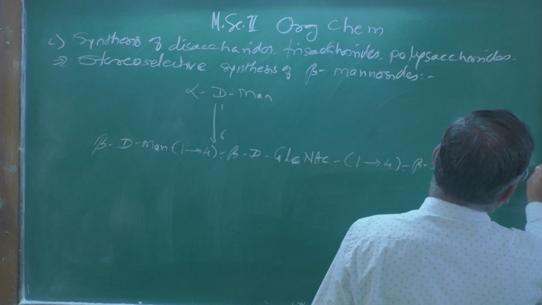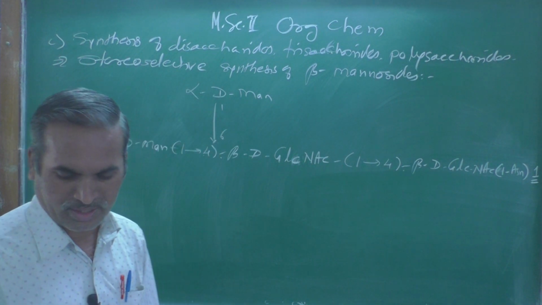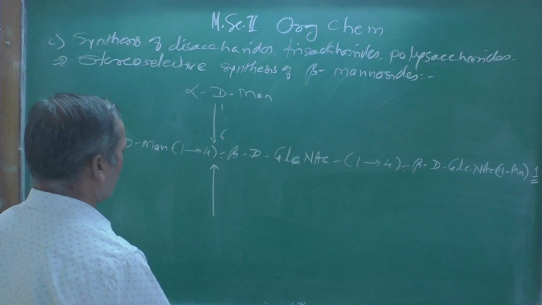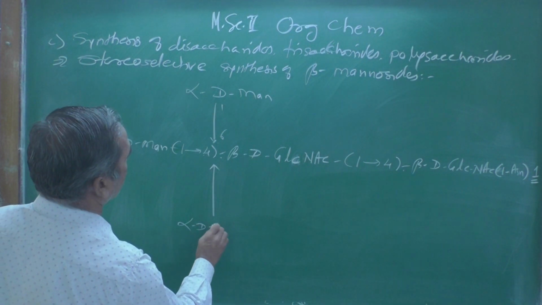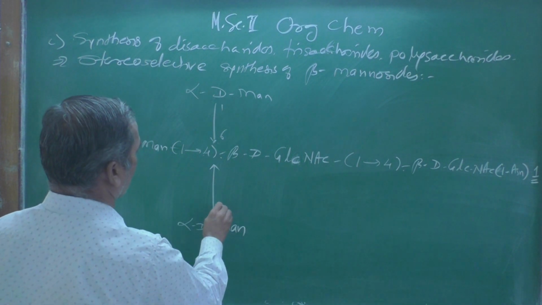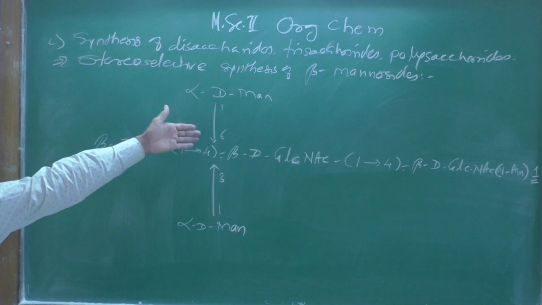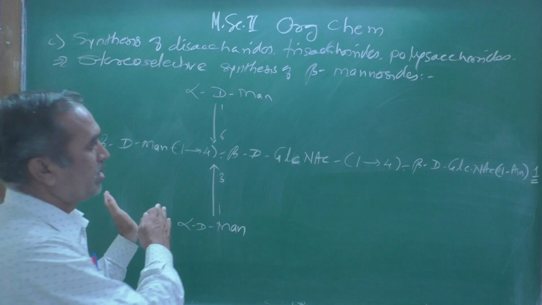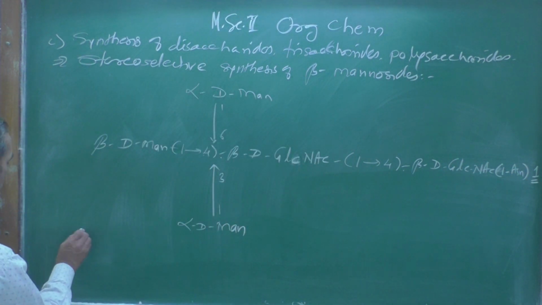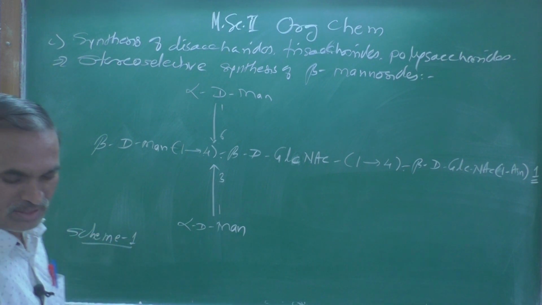This is compound number 1 shown over here, and this way here alpha-D-mannoside from 1 to 3. These are the 3 sugar units combined together, and from above 6 combined, and we are getting compound number 1 that is represented in scheme number 1.